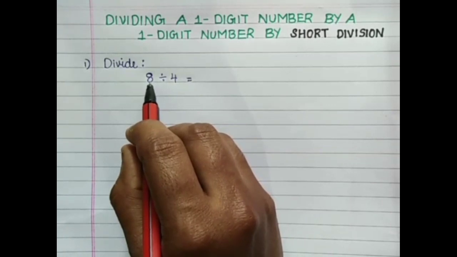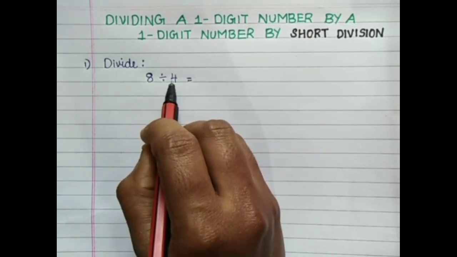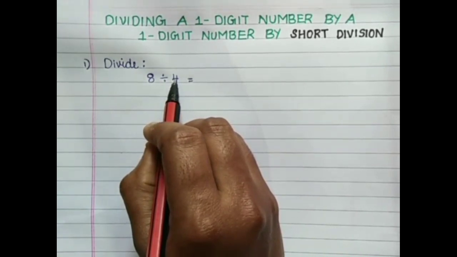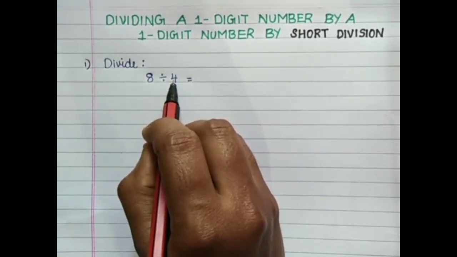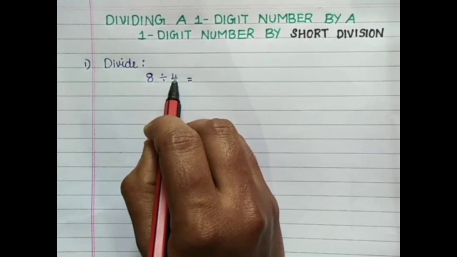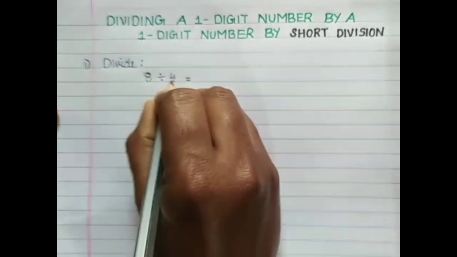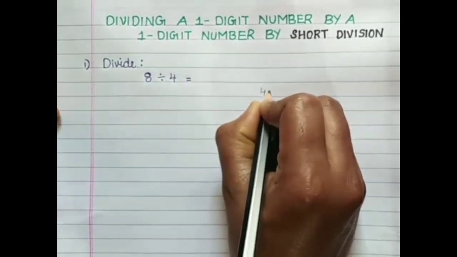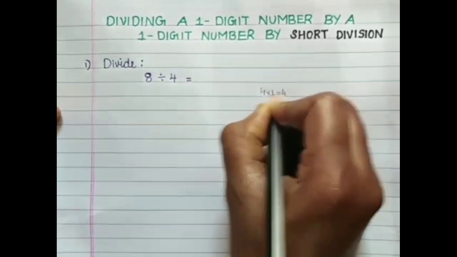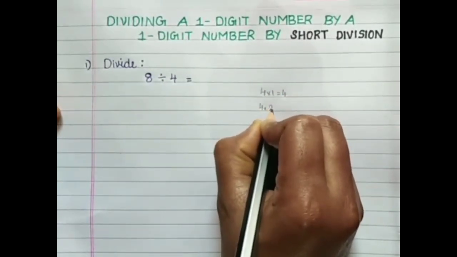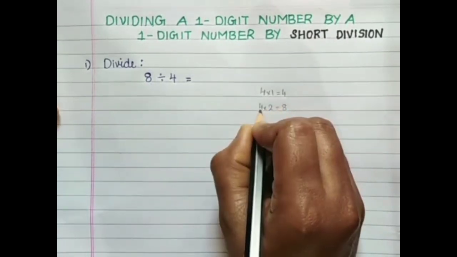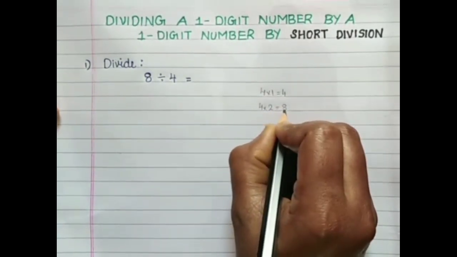I repeat, to divide the number 8 with 4 means we have to say the table of 4. And in the table of 4, we have to check how many times we have the number 8. So first we can write the table of 4. 4 1s are 4. 4 2s are 8. In the table of 4, we have the number 8.